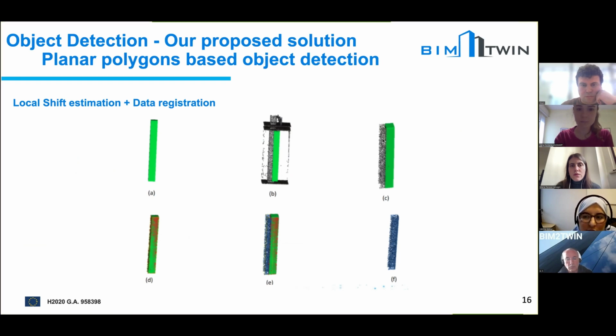If there is a local shift between the as-designed element and the built element, we need to find this shift, then register both elements to be able to make the correct decision: whether the constructed element is well detected, the detection is strong or weak, or we have a false detection. Then we apply the inverse transformation to go back to the initial position.